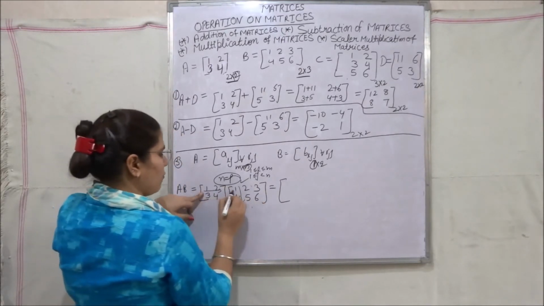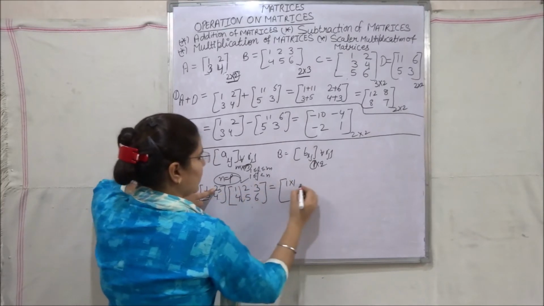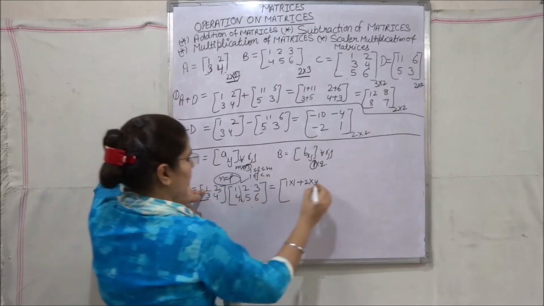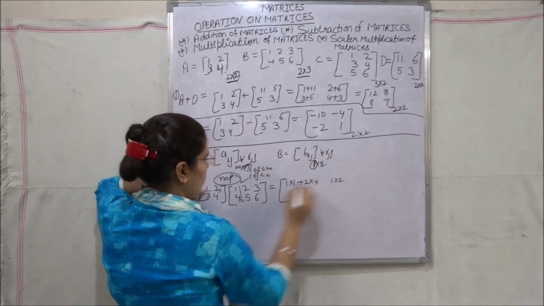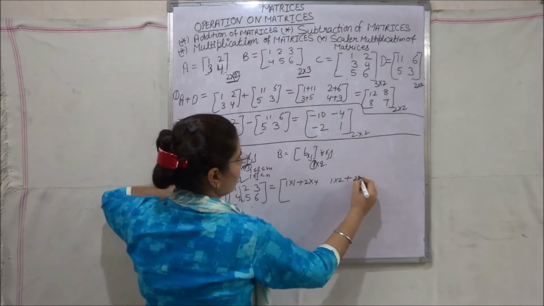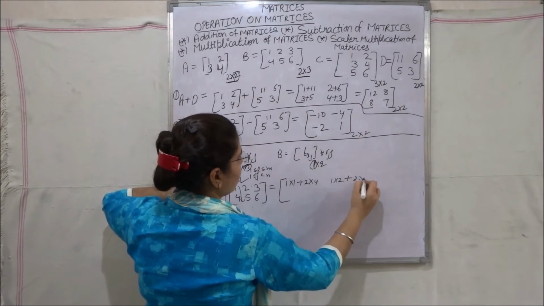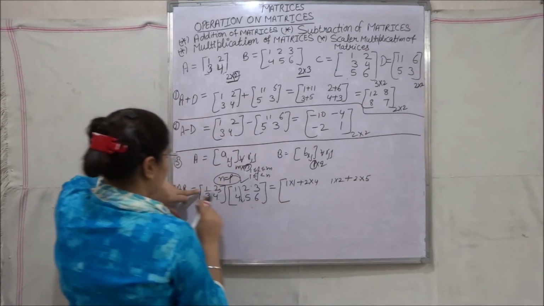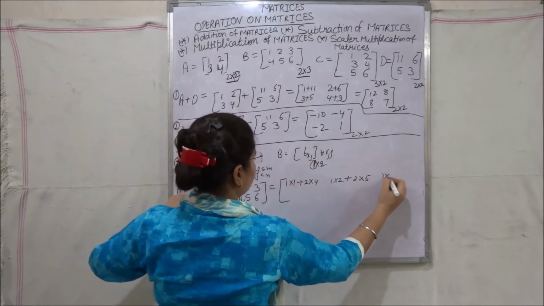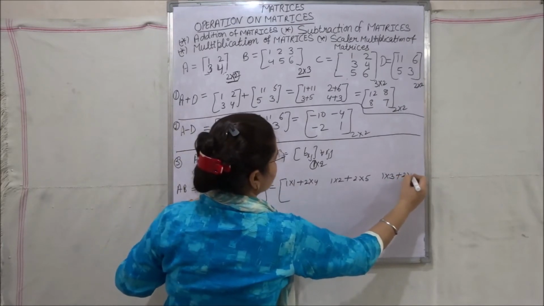So first of all, 1 will be multiplied by 1, 2 will be multiplied by 4. Now for the second, 1 multiplied by 2, 2 will be multiplied by 5. In a similar way for the third, 1 will be multiplied by 3 and 2 will be multiplied by 6.